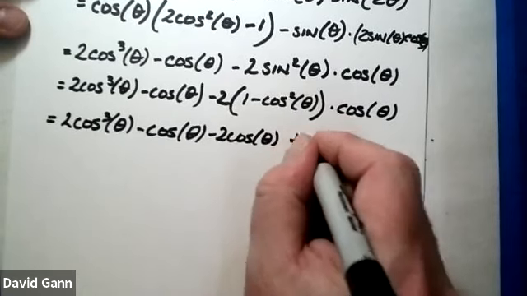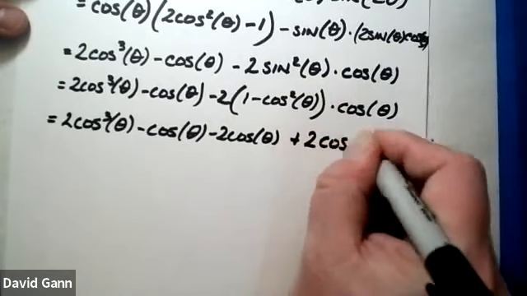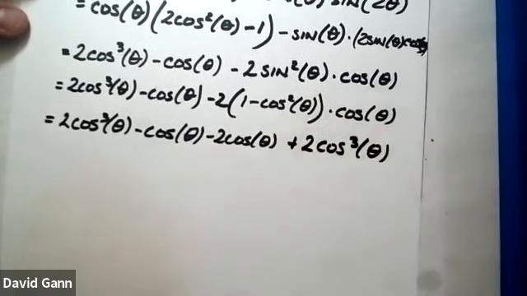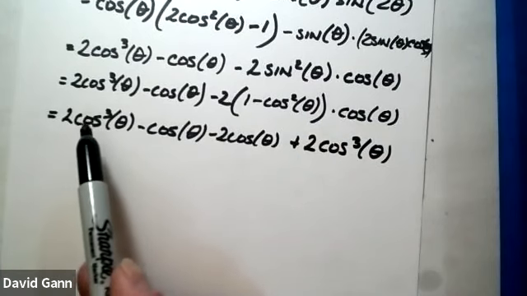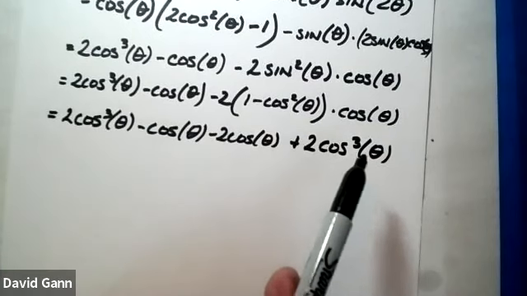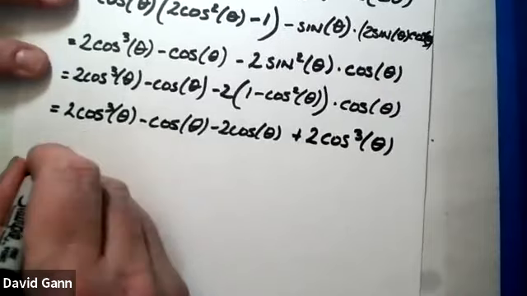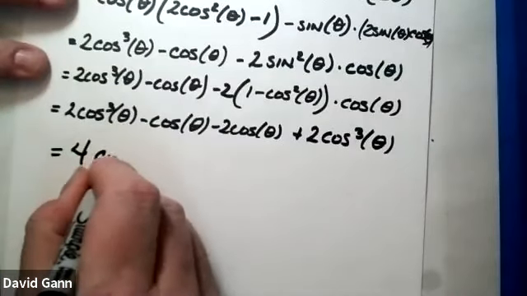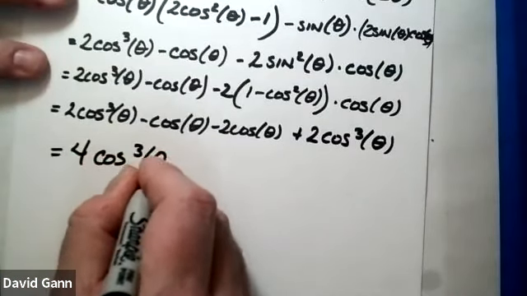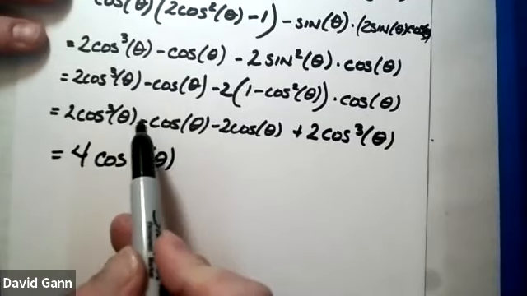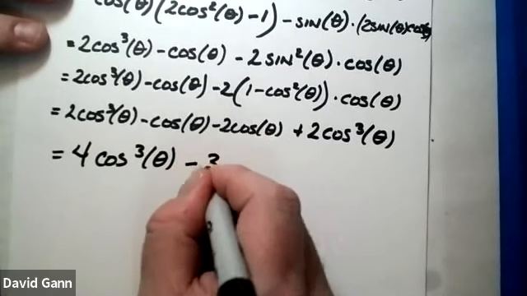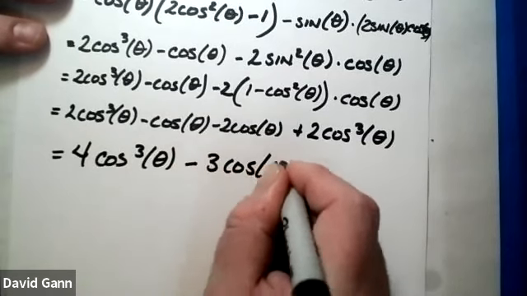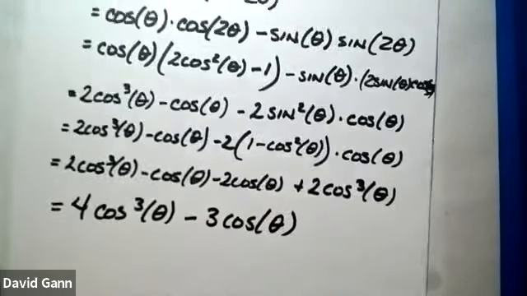So plus 2 cosine cubed of theta. And now just start combining like terms. We have 2 cosine cubed theta here, 2 cosine cubed theta there. So we end up with 4 cosine cubed of theta. And then here we have a minus cosine theta minus 2 cosine theta, which would be minus 3 cosine of theta.